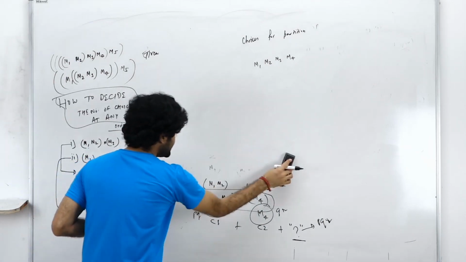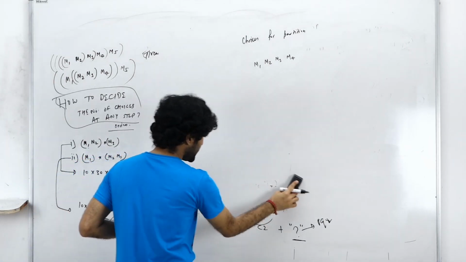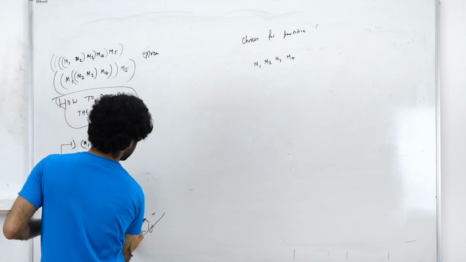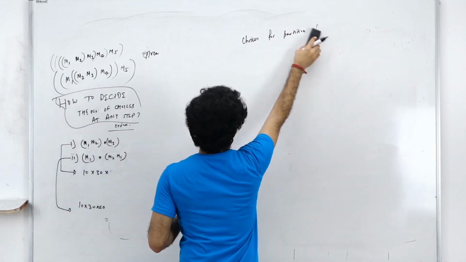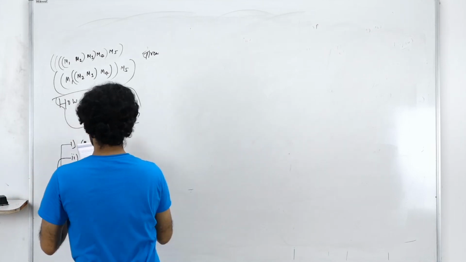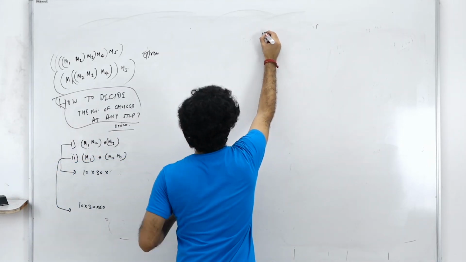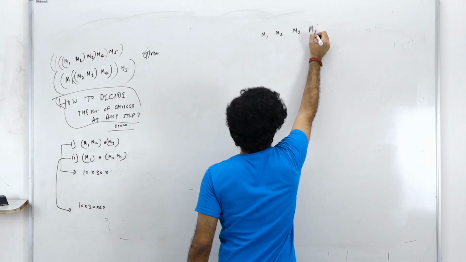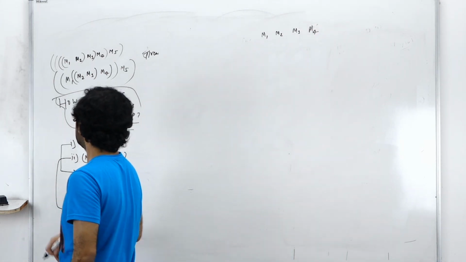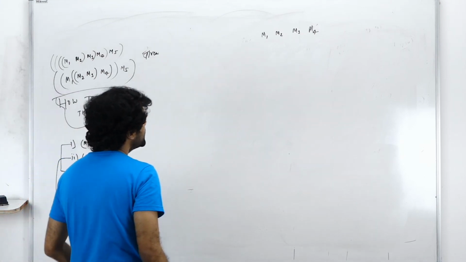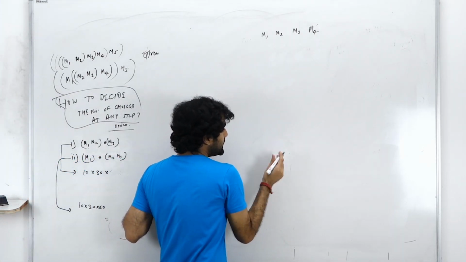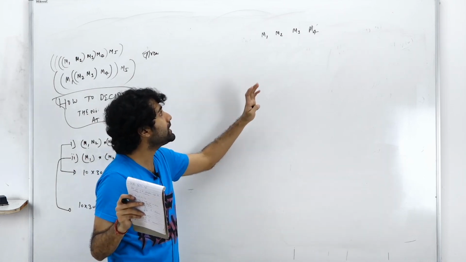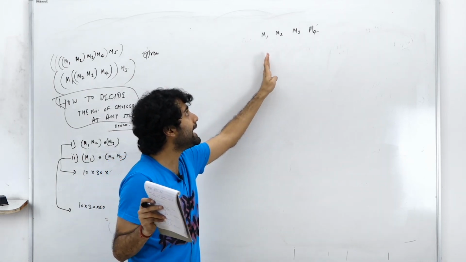So let's see how things are going to look. Let's say I have to multiply these four matrices, M1, M2, M3, M4. Everyone just keep looking at the board, okay? At any point of time I have a chain of matrices, and the chain has a left bound and a right bound.